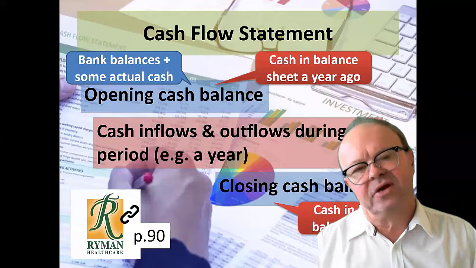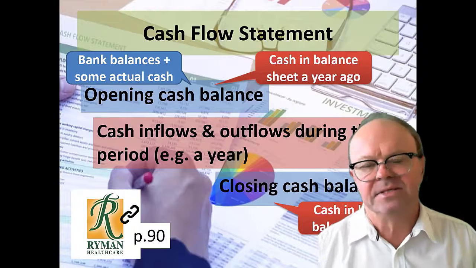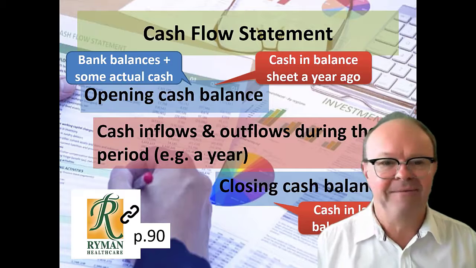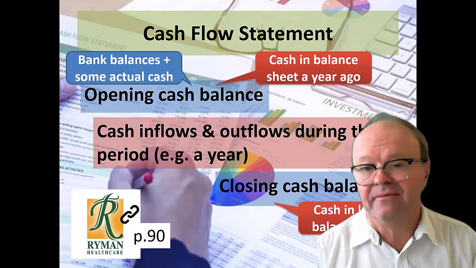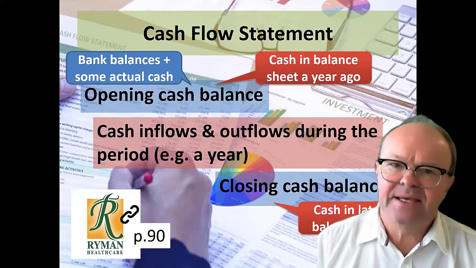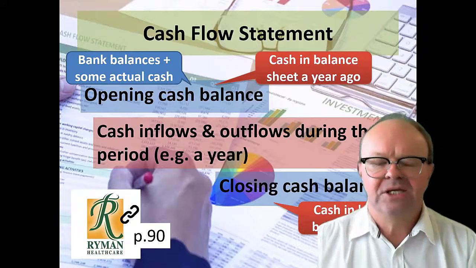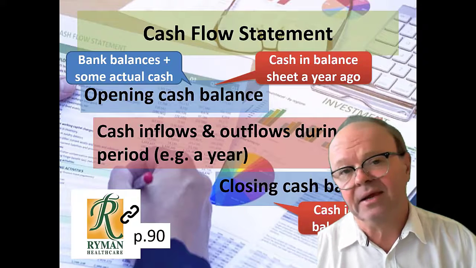So you can see the cash flow statement is the opening cash balance, which is the bank balances, money in the bank plus some actual cash that the firm might have, which was 34.3 million for Ryman Healthcare last year. And that's the cash in the balance sheet a year ago. So the cash flow statement starts with the cash in the balance sheet from a year ago.